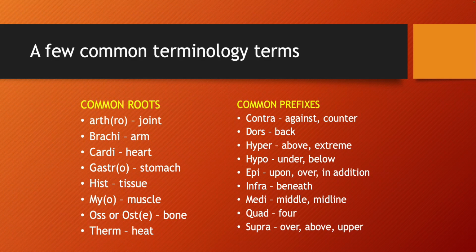Medi means middle, midline, and quad means 4, and supra means over, above, like you're superior to somebody. So I'm going to go back to the infra and supra. We're going to learn about rotator cuff muscles next semester, and we're directly using those words. So make sure you know those. Supra means superior, above, and infra means beneath or inferior.